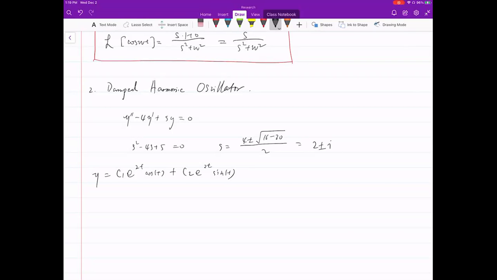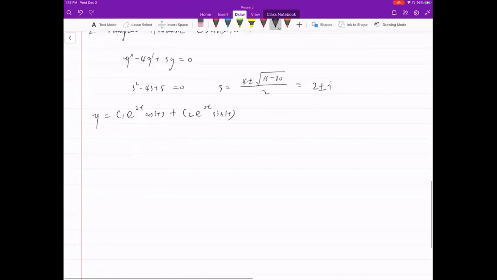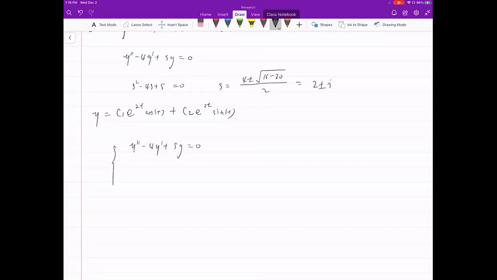All right. Now we want to use the Laplace transform. Of course, we need an initial value. Let's take y(0) equals 0, y'(0) equals 1.